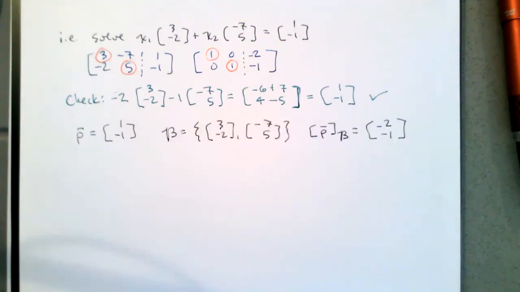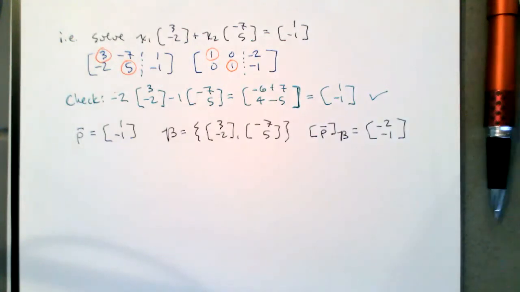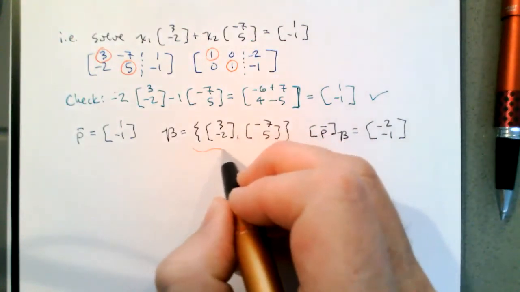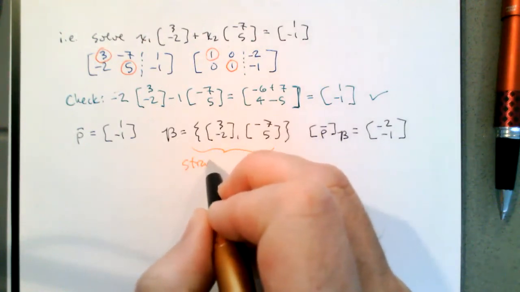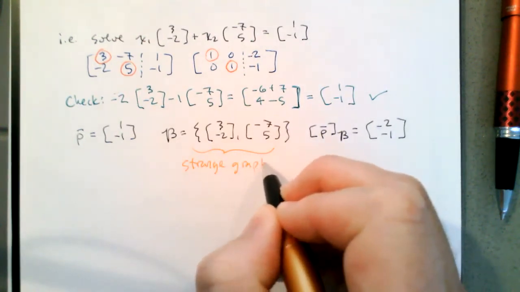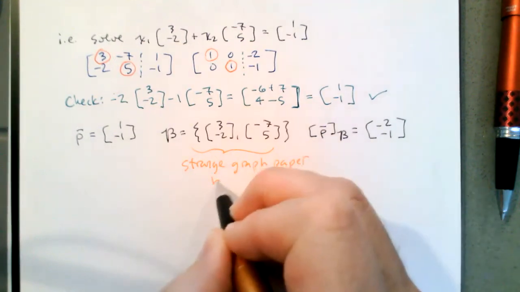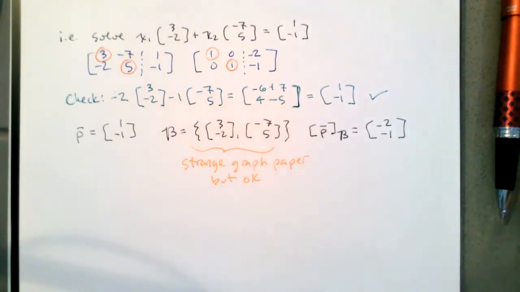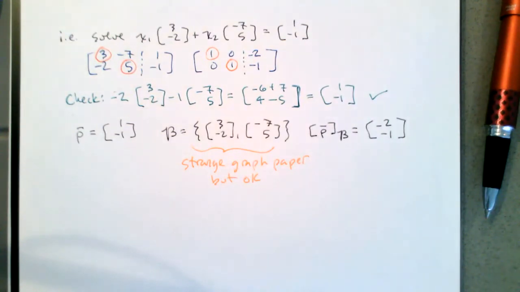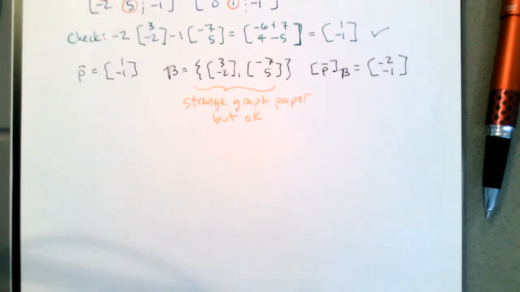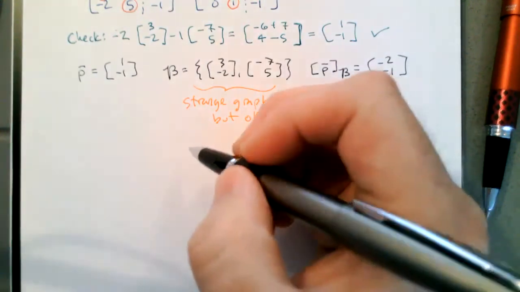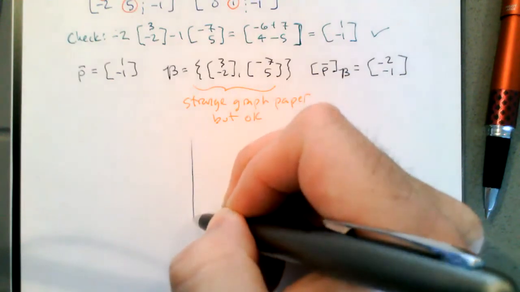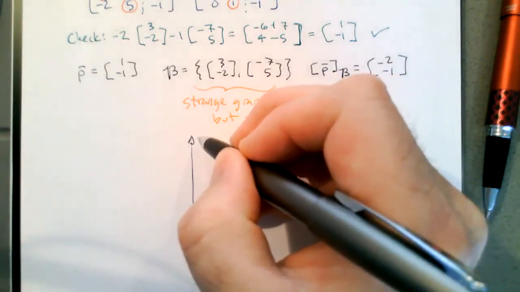We could think about this alternate basis as just some kind of weirdo graph paper. It's strange graph paper, but okay. I can make these lines on a graph and still cover all of R2. Normally, I do this every year, and it's always a bad idea.